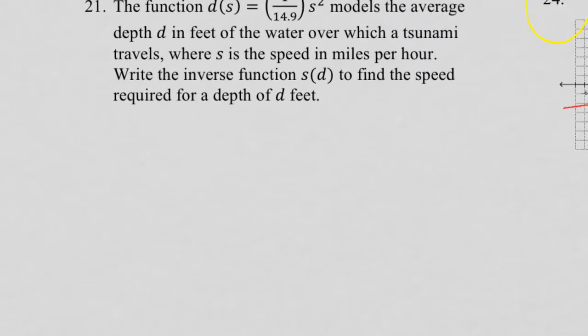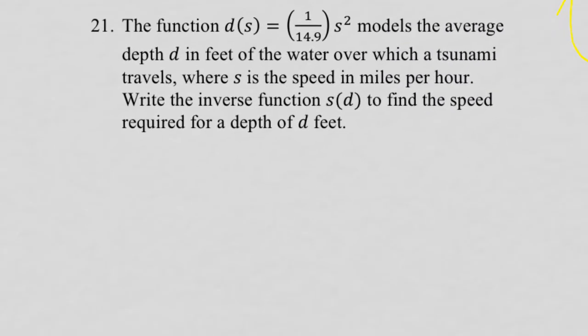Okay, so 21, the function d of s equals 1 over 14.9 s squared models the average depth d in feet of the water over which a tsunami travels, where s is the speed in miles per hour.